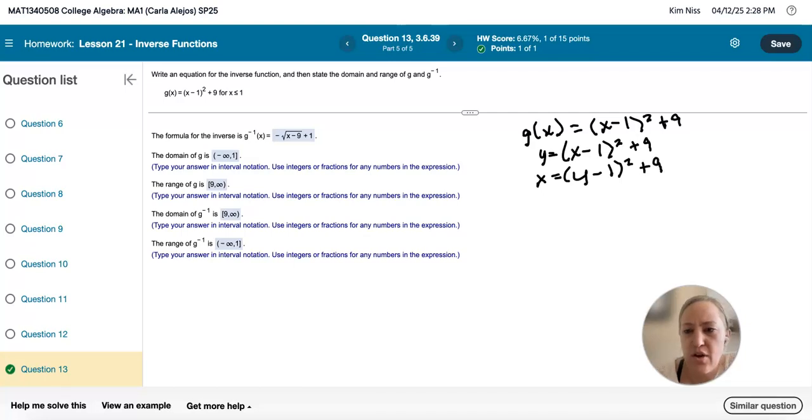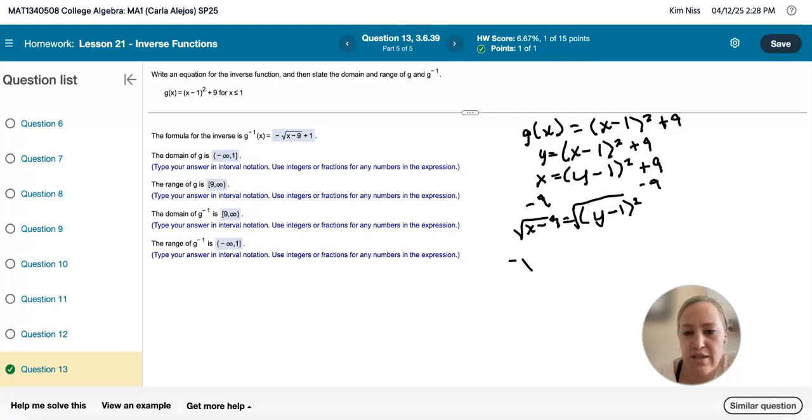So now all you have to do is solve the equation for y. We're going to start by subtracting 9 over to the other side. So we have x minus 9 equals (y minus 1) squared. And now we're going to take the square root of both sides, but we have to remember that we're bounded by x less than or equal to 1, and so that means that we're only going to take the negative side of that.